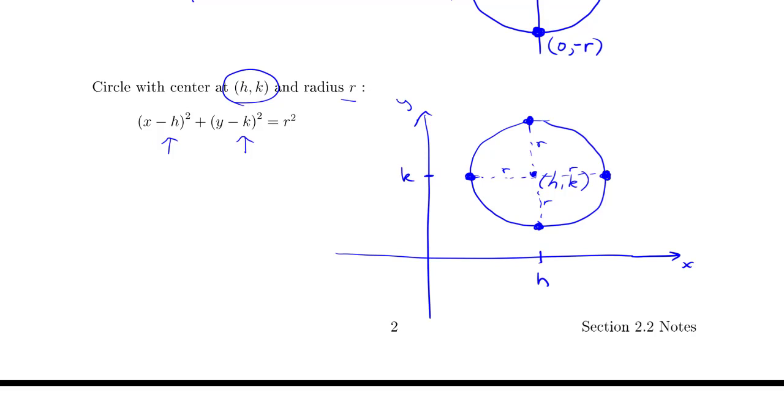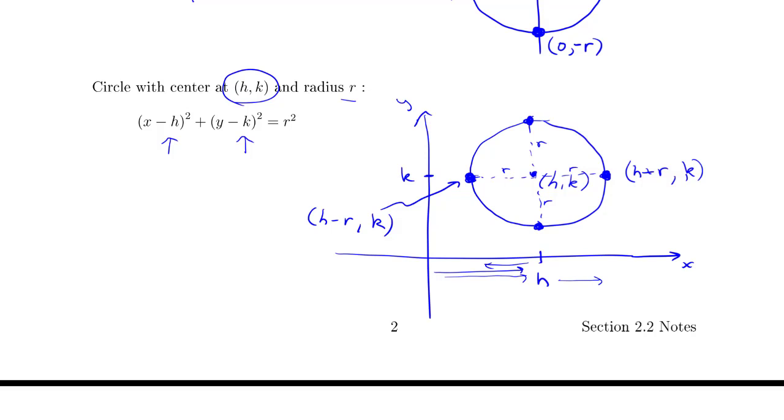So this point on the right here, its x coordinate would be h out and then another r to get there, so h plus r in x, and it's still at the height k. On the other side, you would go h out, but then you would go back r, so this point is h minus r, and it's still at a y level of k.